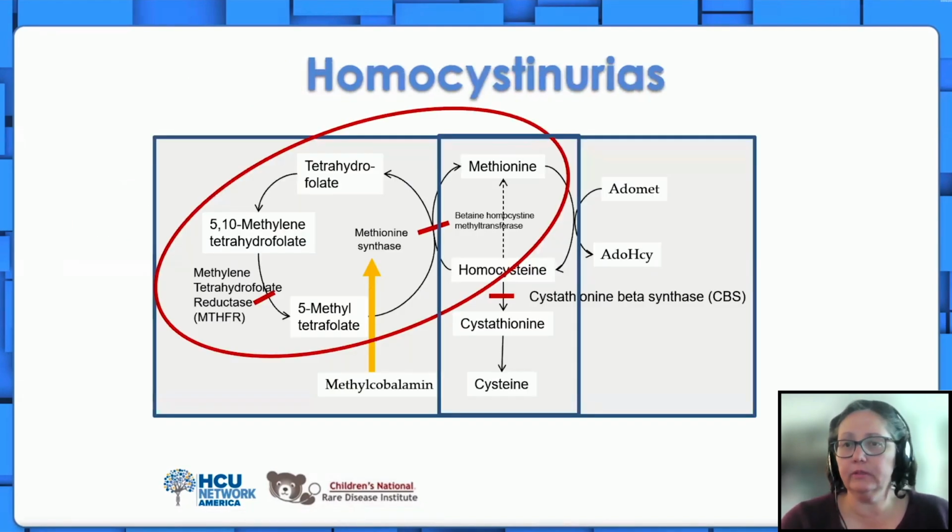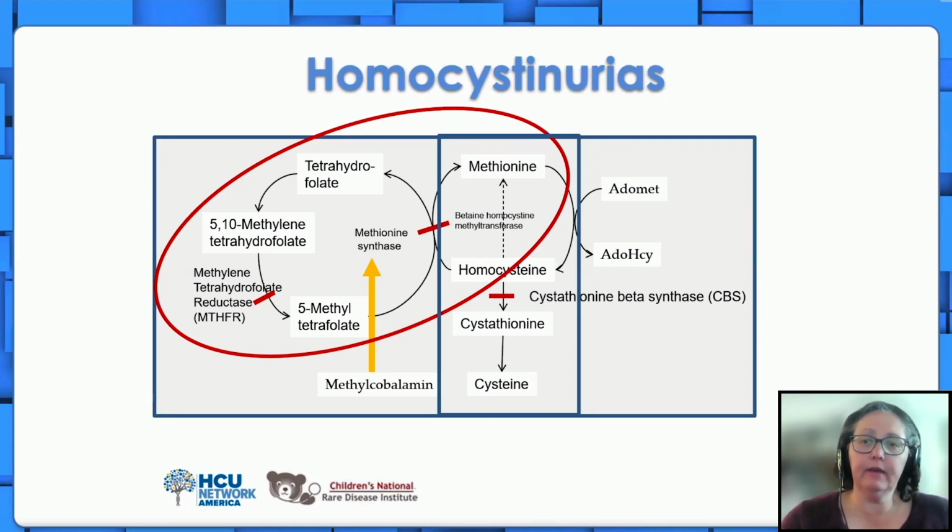So for the homocystinuria, there are basically three large categories of disorders included within the population. There are the remethylation defects, the cobalamin defects, and then the CBS related defects. Within the red circle is where our remethylation disorders are, and in these disorders we accumulate homocysteine because we're unable to convert homocysteine to methionine.